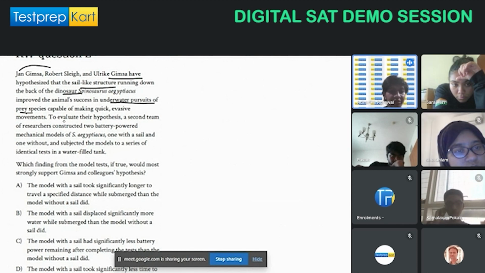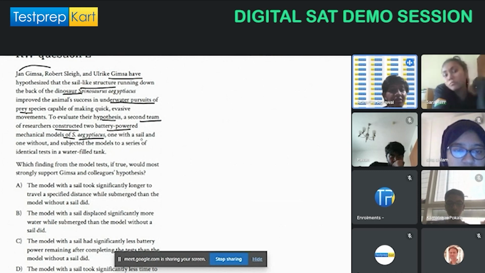Okay, so to evaluate their hypothesis, a second team of researchers constructed two battery-powered mechanical models of that sail scientific name, one with a sail and one without, and they subjected the models to a series of identical tests in a water-filled tank.